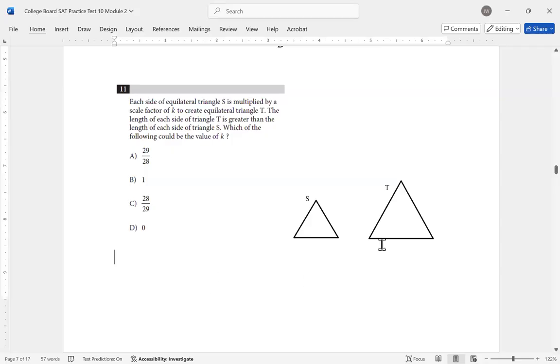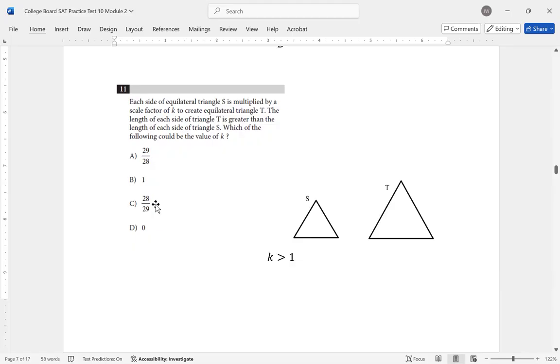So there you go. If the side of S needs to be multiplied to give us the side of T, then the multiplication factor needs to be bigger than 1. So k needs to be greater than 1. And therefore, our only option is A, which is 29 over 28.